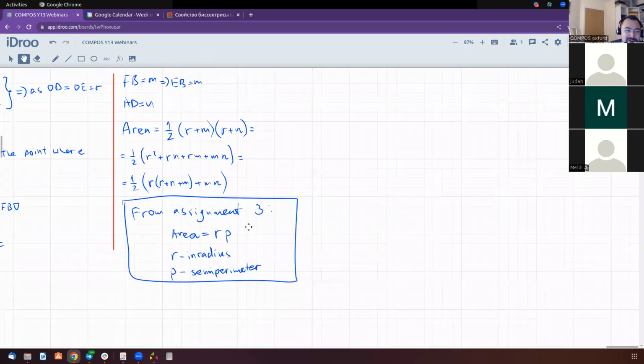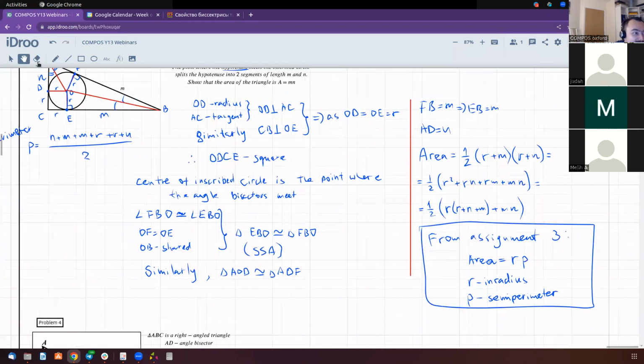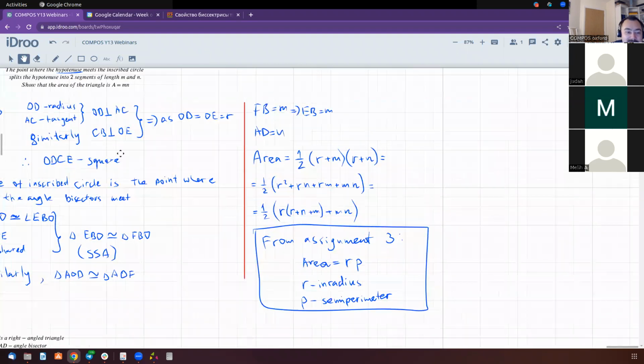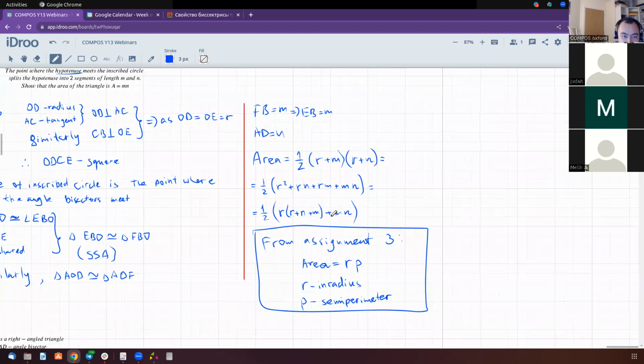I wanted to lure you in the other direction, and as you can see, the semi-perimeter is in fact 2n plus 2m plus 2r divided by 2, which is m plus n plus r. This is the semi-perimeter.